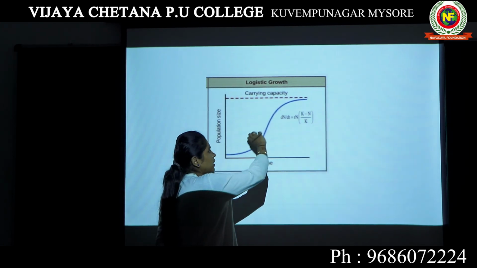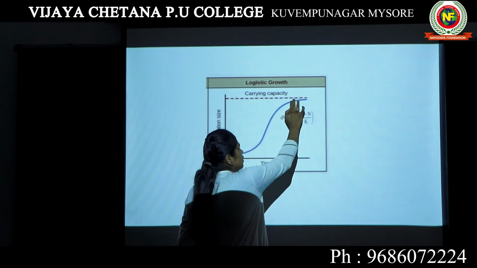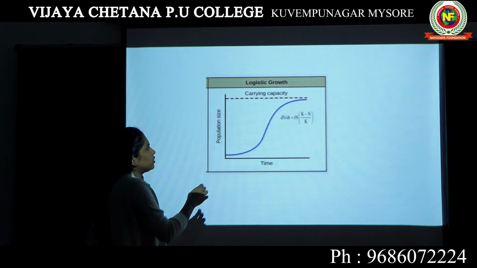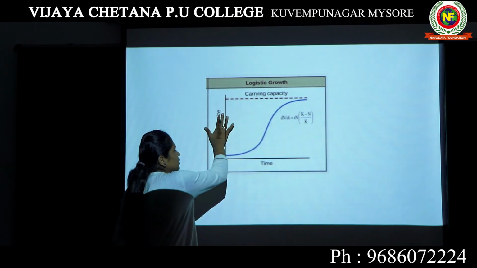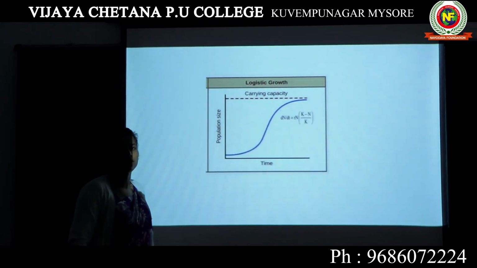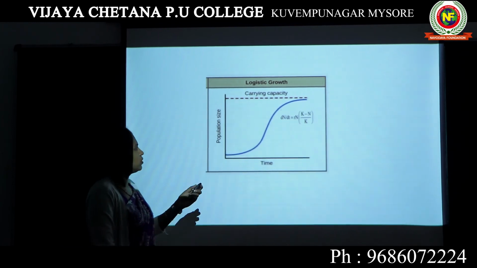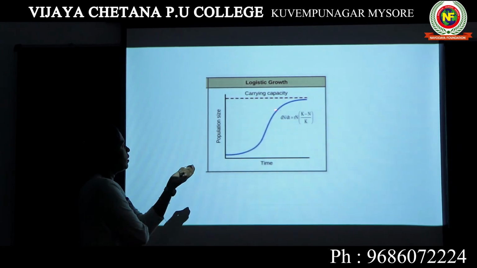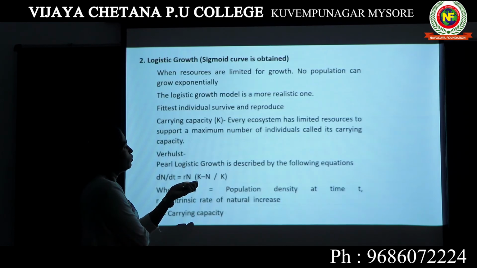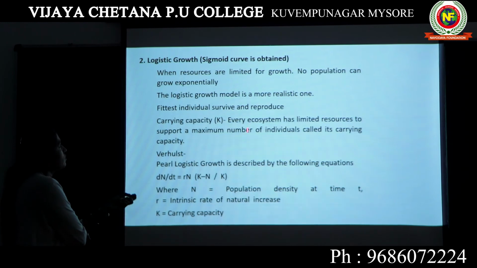When it is reached, the population size will stop. This is the formula used for logistic growth: dN by dt is equal to rN into K minus N divided by K.